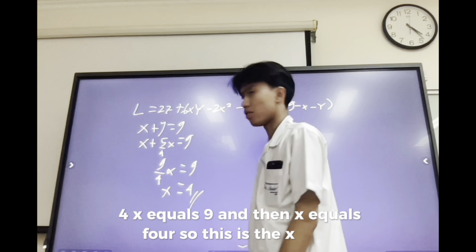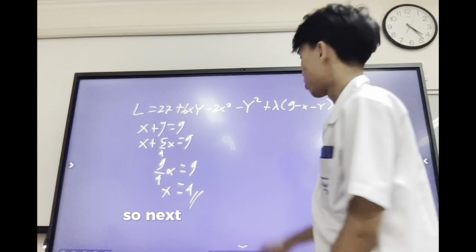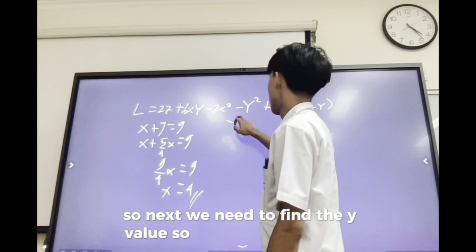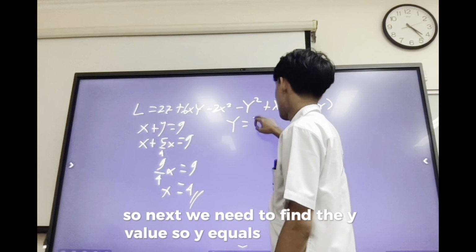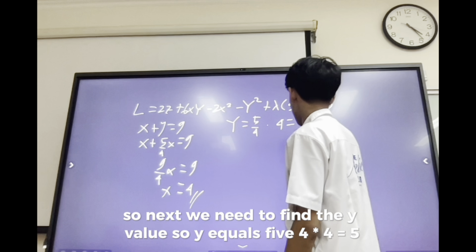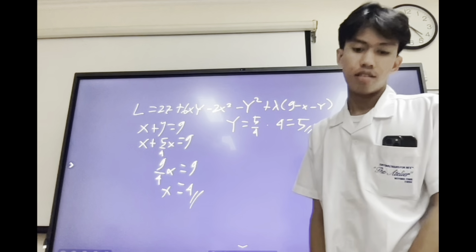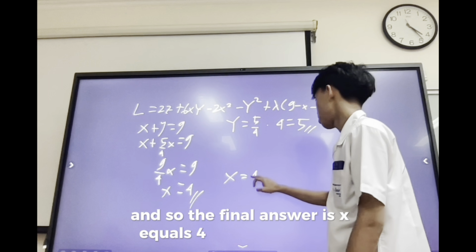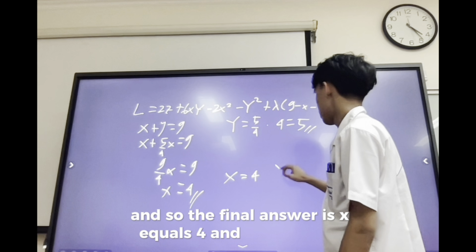So this is the x value. So next, we need to find the y value. So y equals 5. And so the final answer is x equals 4 and y is 5.